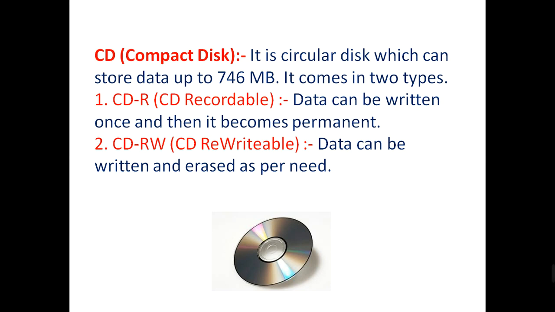It can store data up to 746 MB inside it. It is of two types. CDR means CD recordable, a permanent type of memory, where once data is written in it, that cannot be erased from it.